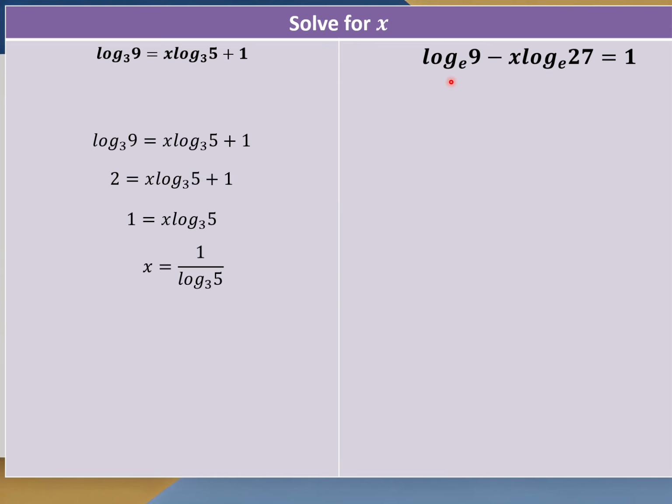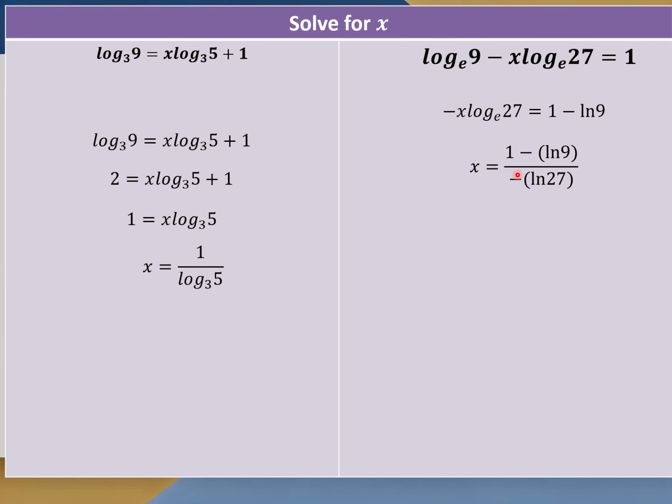With this next question, where I've got log base e of 9 take x log base e of 27 is equal to 1, the same thing applies. I'm just going to take log base e of 9 to the other side. As I start to rewrite it, log base e I can write as ln, so ln 9. Then I'm just going to get x by itself by dividing everything by negative log base e of 27.